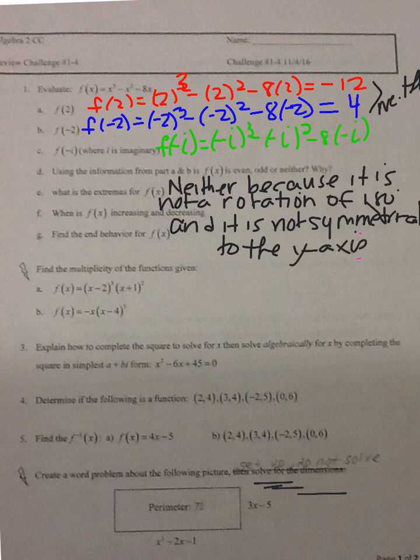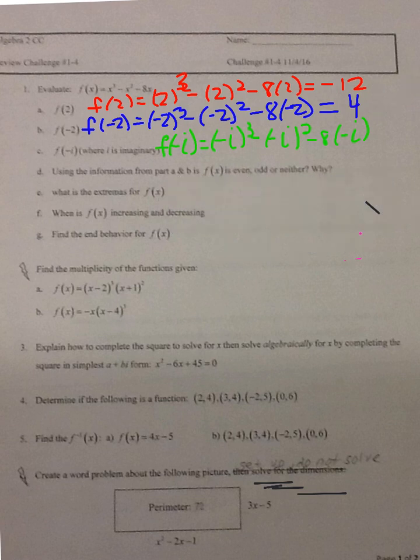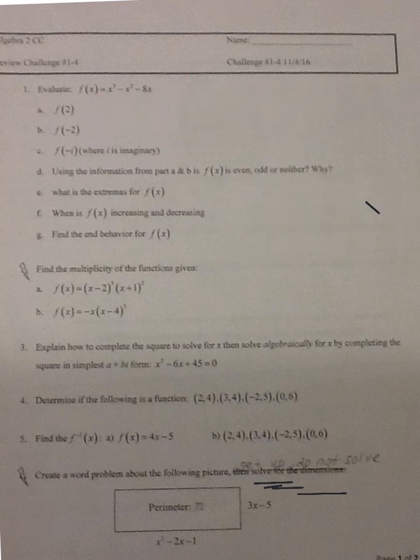So also remember that you have to be able to do this algebraically. So algebraically would be no number. So we have f of x is equal to x cubed minus x squared minus 8x, and then you would plug in f of negative x.